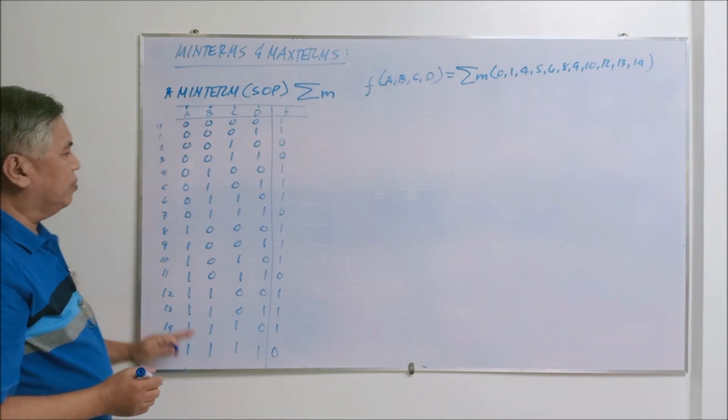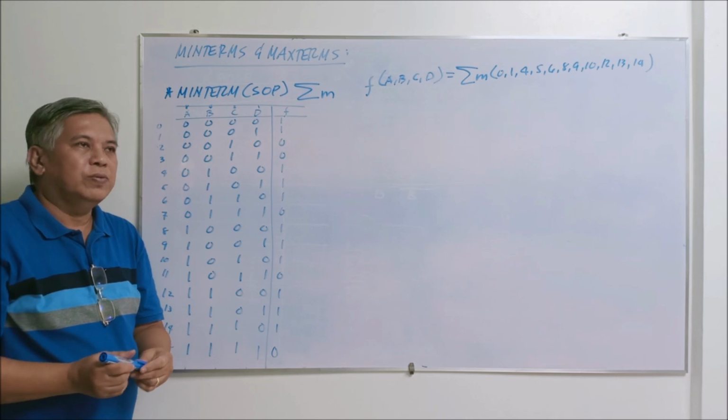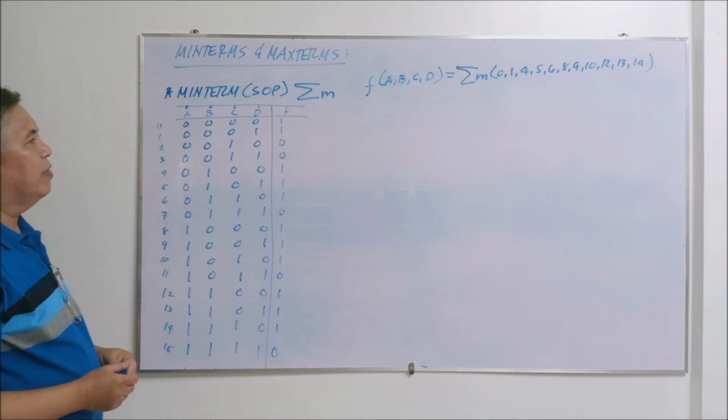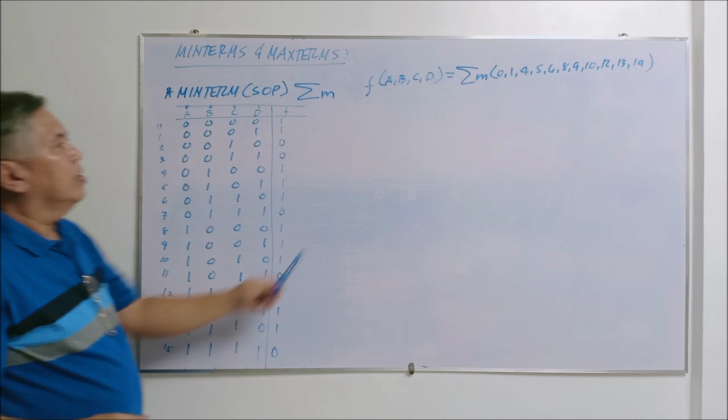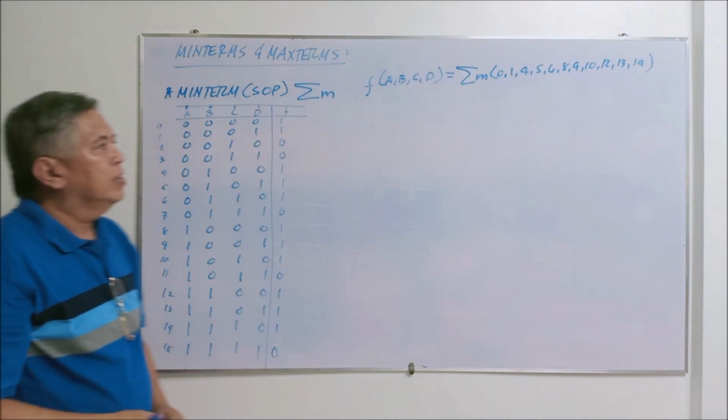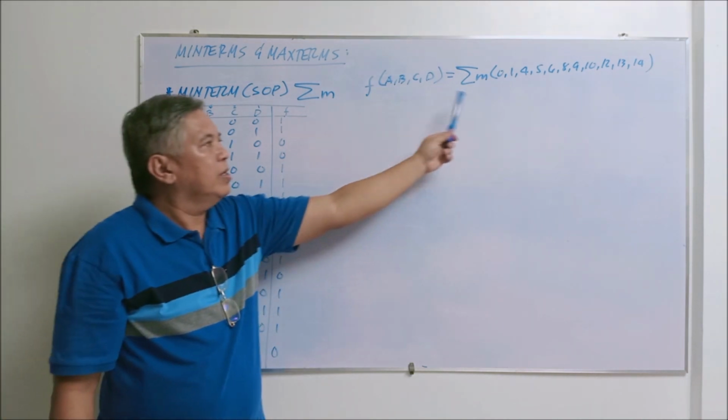That's how we obtain the combinational values of a 4-input variable. So again, go back to our Minterms.